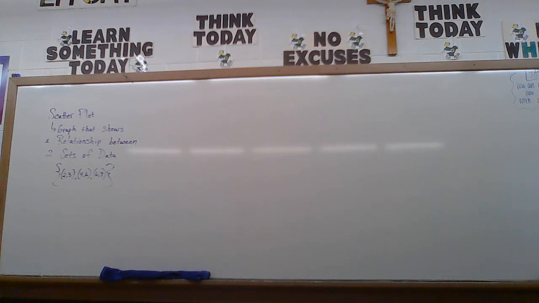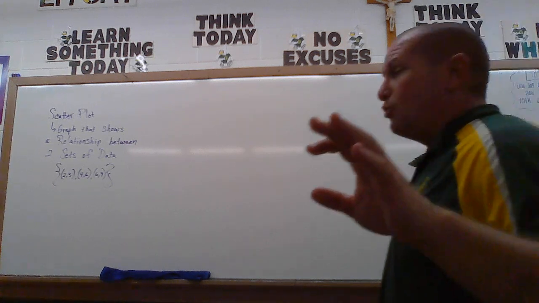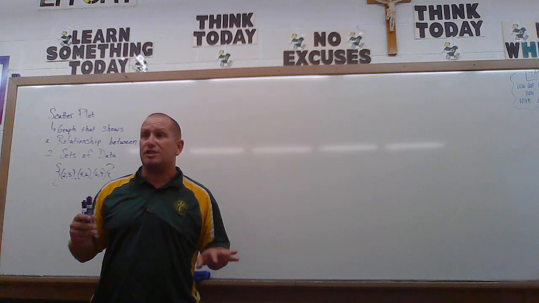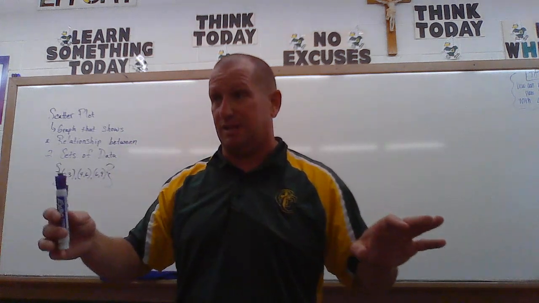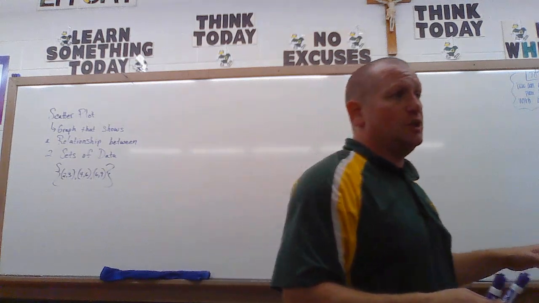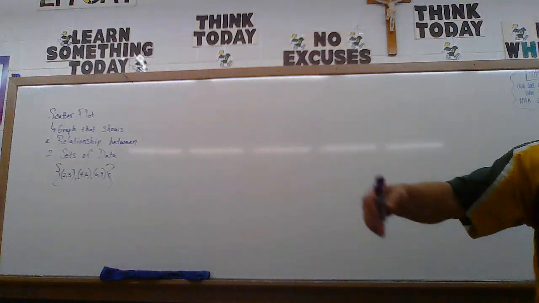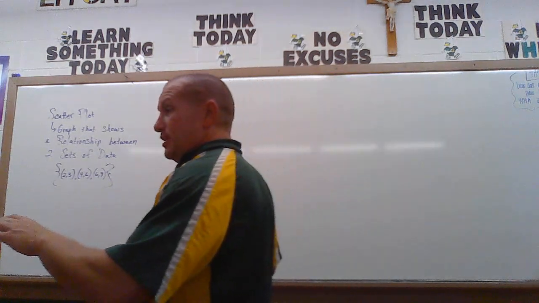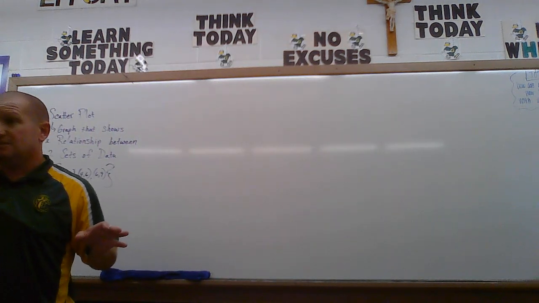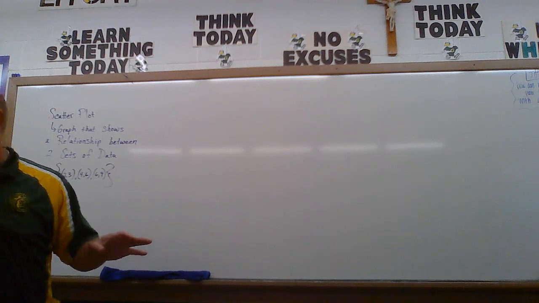When you do this, you can basically make up what you want to be your X and what you want to be your Y. You just have to be consistent between your two things. Don't switch them when you're talking about it. So if you're talking about free throws made compared to the free throws attempted, either one could be the X. Either one could be the Y. All right?